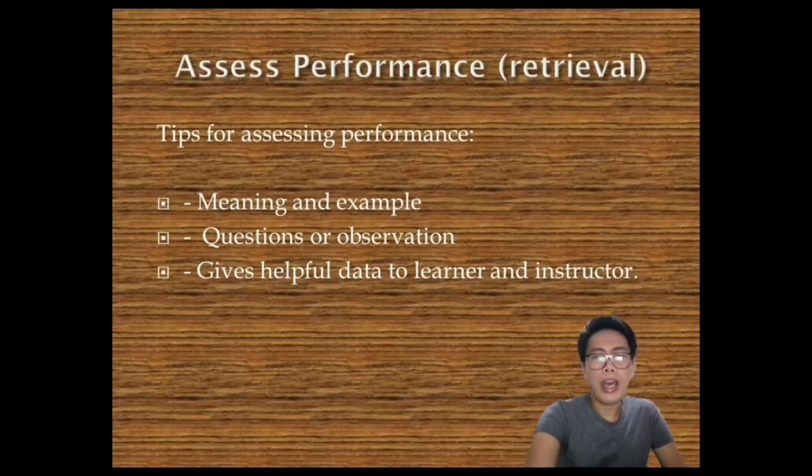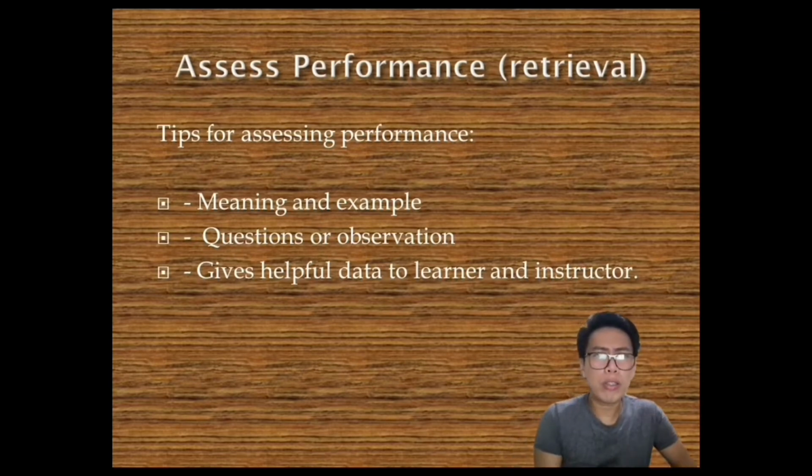So next we have questions or observation. This usually comes at the end of the experience. It's when we want to see, okay, did this person actually learn anything? A common way to do this is multiple choice questions, as I have said earlier, or this assessment.